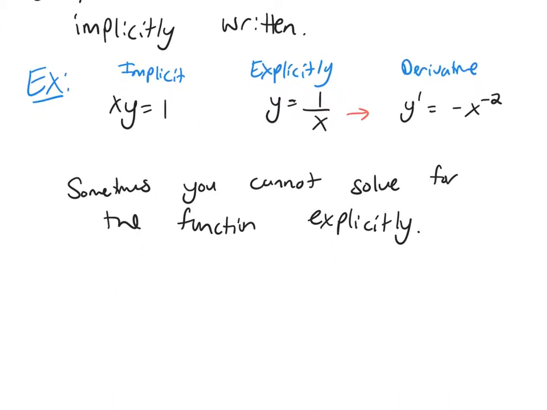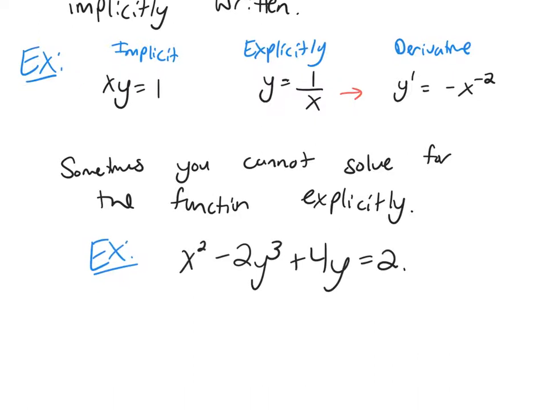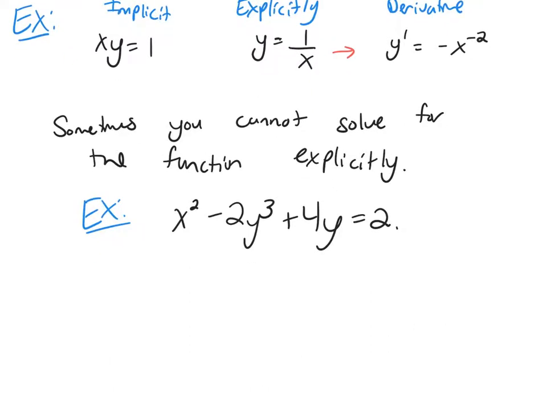So let me give you an example here of a function you can't solve for explicitly. So x squared minus 2y cubed plus 4y equals 2. I can't solve for y here and write it solely in terms of x.